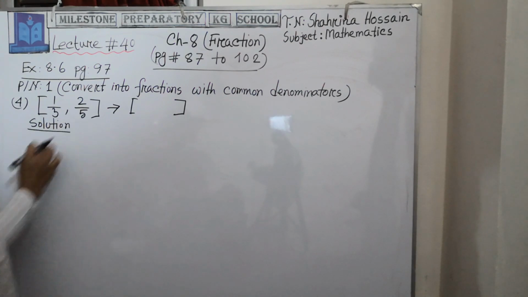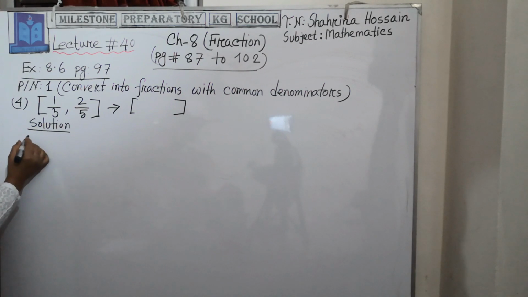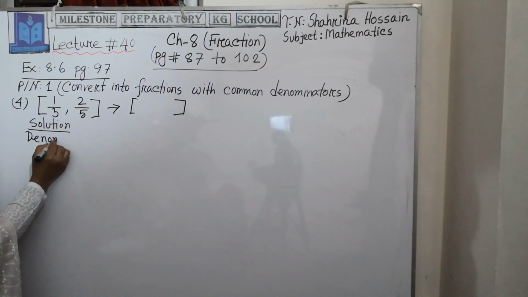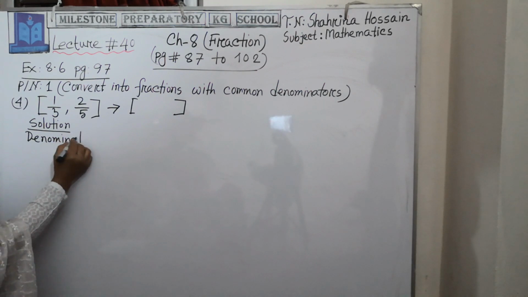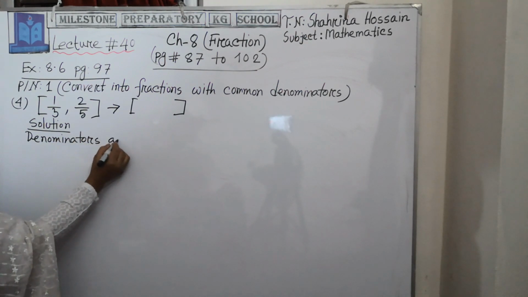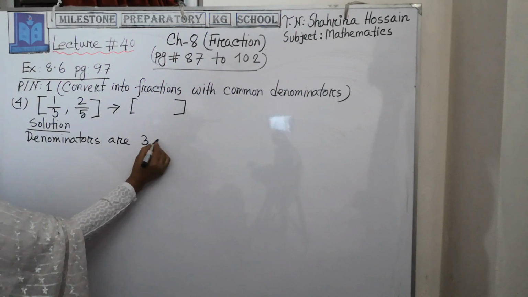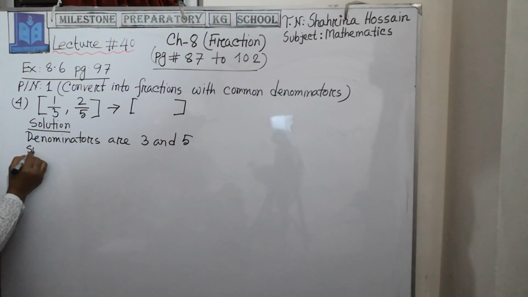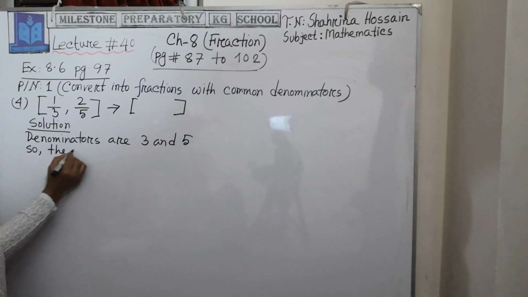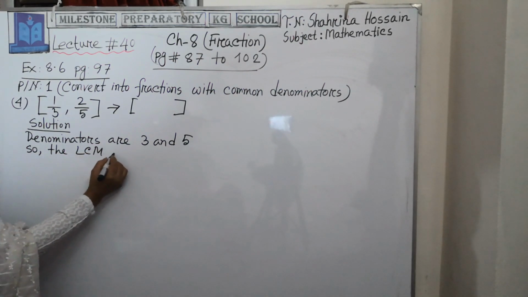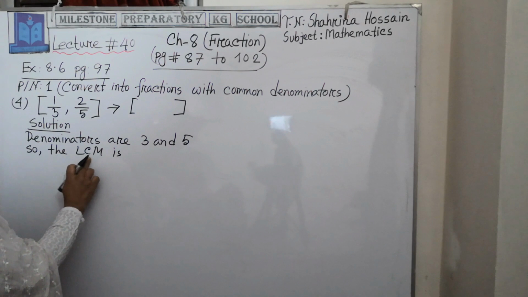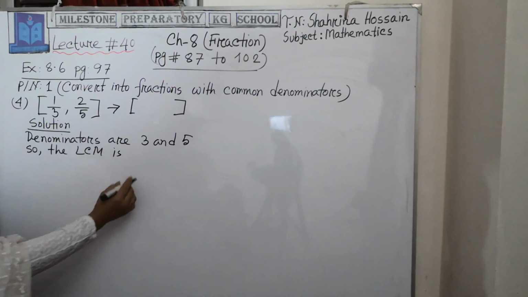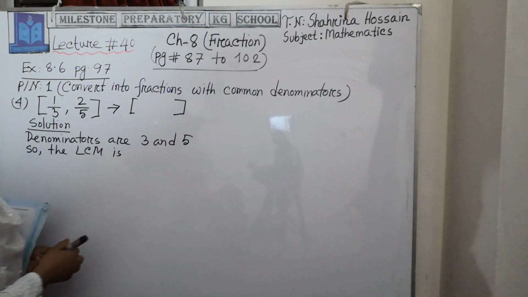Here 3 and 5 are both denominators. So the LCM, that means least common multiple, is... Now we will find the LCM.